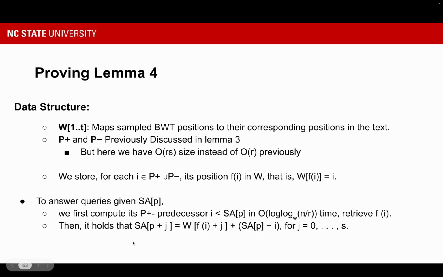Once we have this f of i, we can use SA of p plus j, which is f of W of f of i plus j. So p corresponds to f of i. Then we have p plus j becoming f of i plus j, plus SA of p minus i, for all the positions from j equal to 0 all the way up to our sample number, which is s.